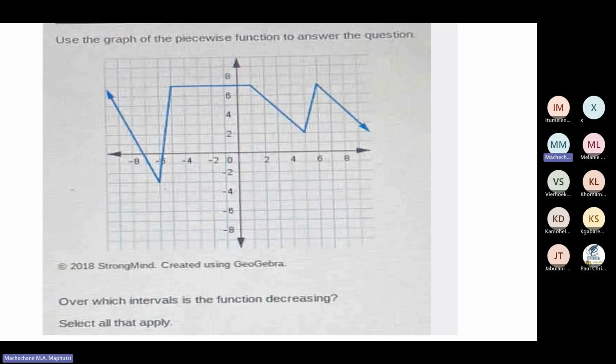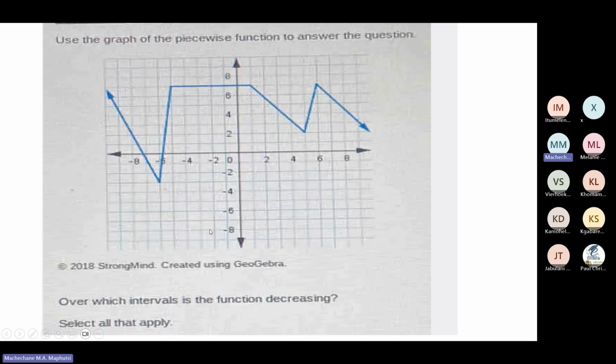Okay, now let us look at this. Here we have a scenario. We have to use the graph to answer certain questions. The question is, over which intervals is the function decreasing? As you can see, I have many intervals here. Look at the Cartesian plane.